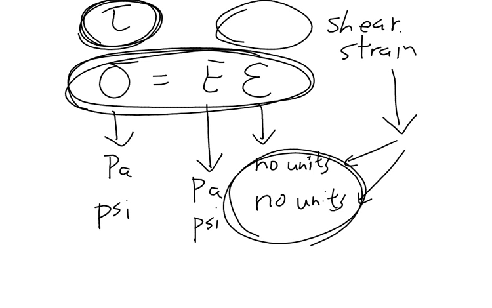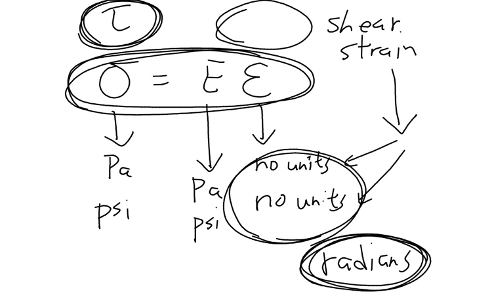Well, it's very simple. If you measure your change in angle in terms of radians, then radians, you might all remember from geometry, are dimensionless. They're not like degrees. They actually do not have any dimension.